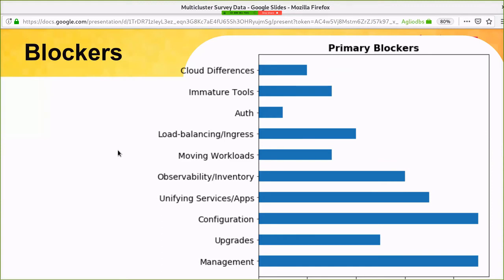The big things that people complained about were management, which was expressed just as management or day 2 operations or a bunch of other things.